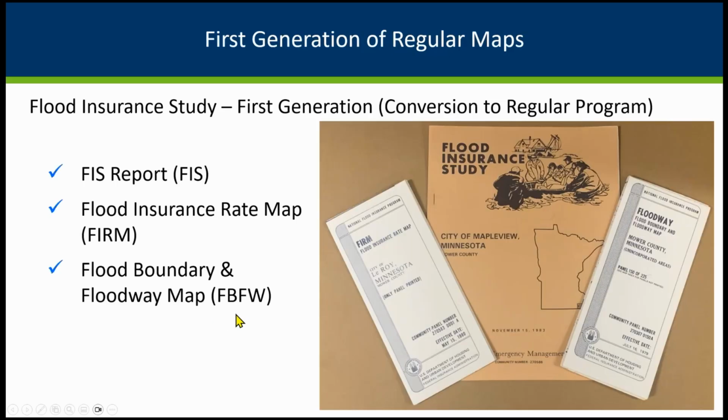As time went on, FEMA started doing the more detailed studies. And the first generation, when we were getting those emergency maps converted to the regular program, as they called it, they would have a flood insurance study, a flood insurance rate map, and a flood boundary and floodway map.